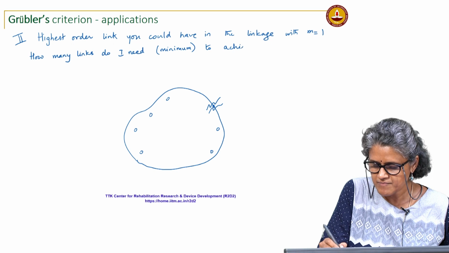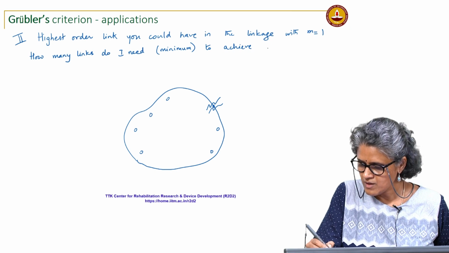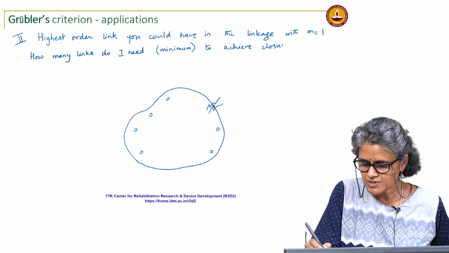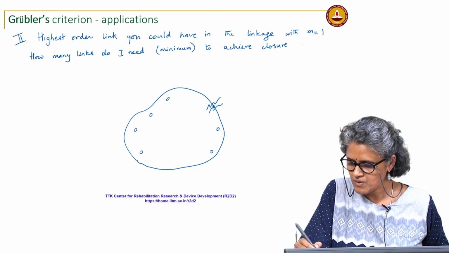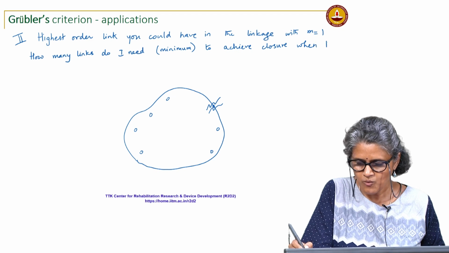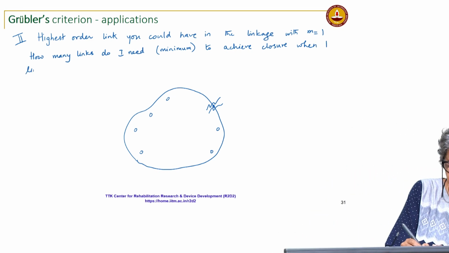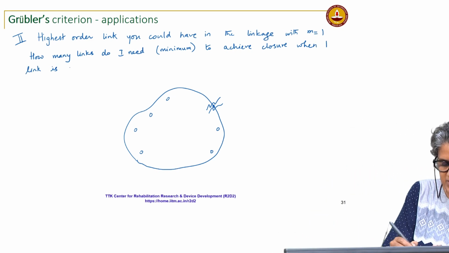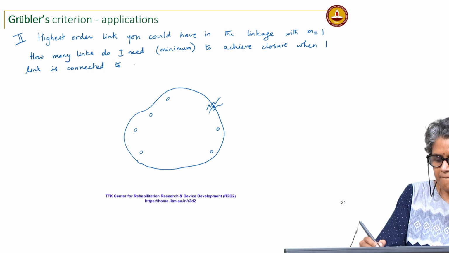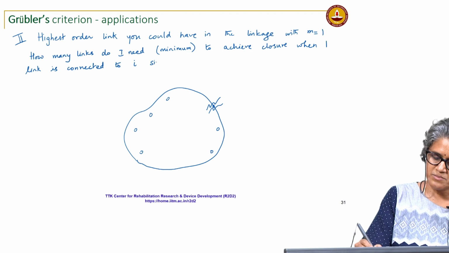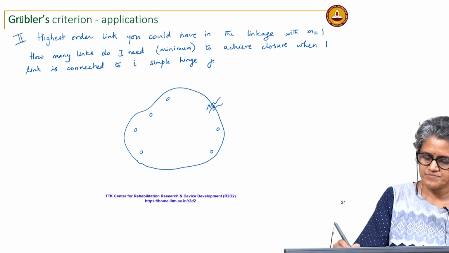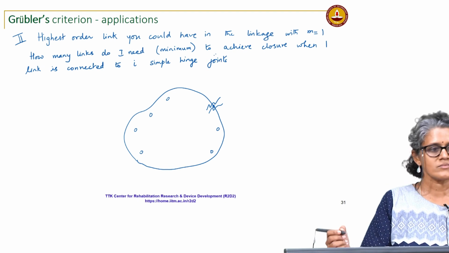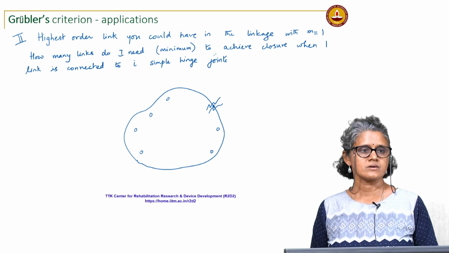To achieve closure when one link is connected to I simple hinge joints. Okay.